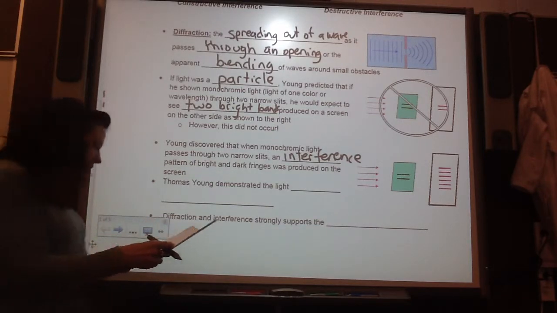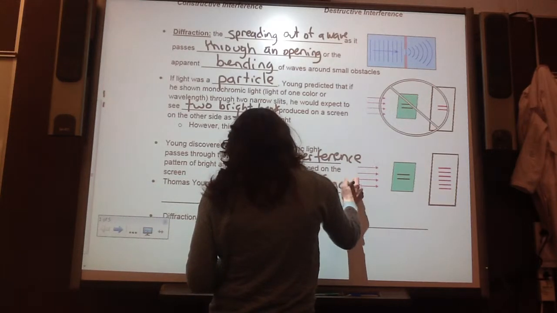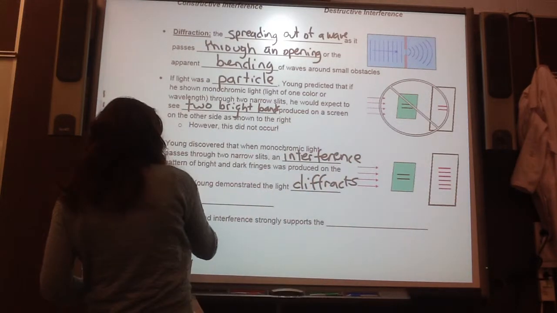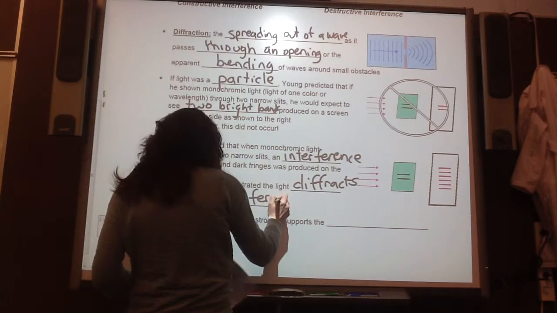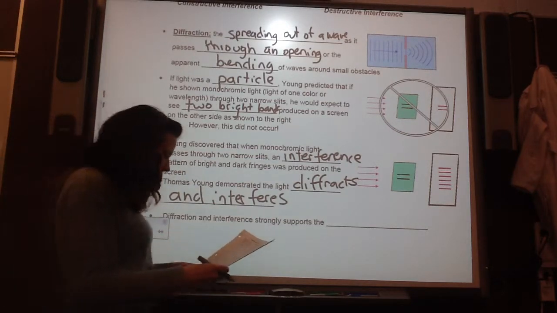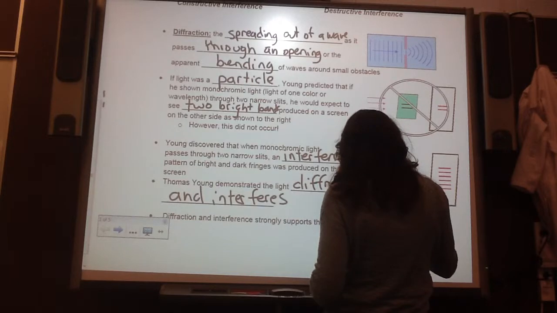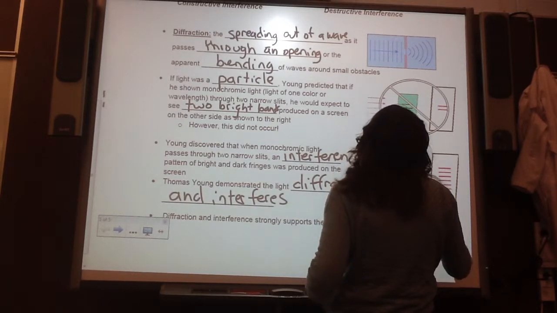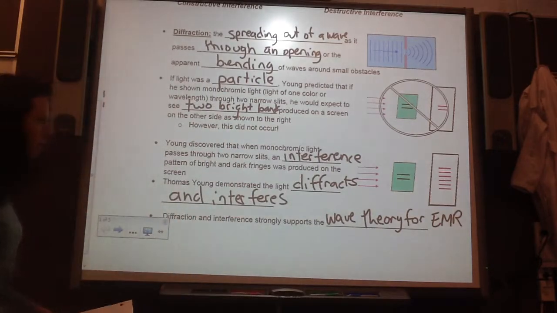Thomas Young demonstrated that light diffracts and interferes. Diffraction and interference strongly support the wave theory for EMR, of which light is a type of EMR.